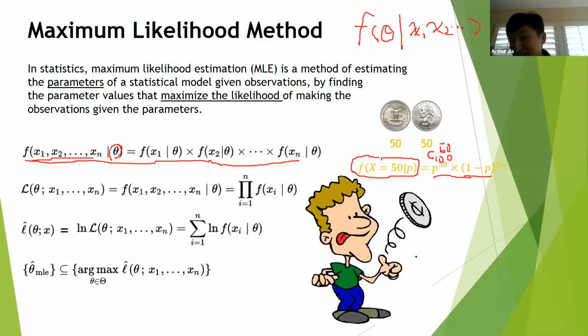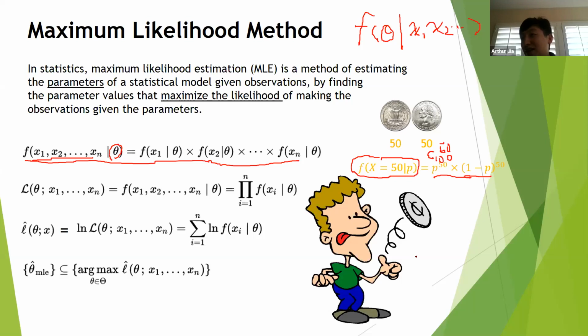We want to estimate that P. We don't know if P equals 0.5 or something else, so we can do this experiment. We toss this coin 100 times, and this is the data we get. Once we get this data, how can we estimate this P? We can simply use the ratio.